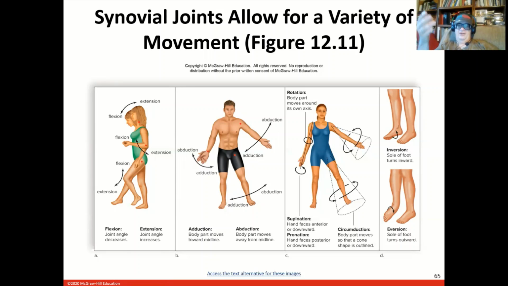The bottom of the foot is the plantar surface. The hand is palmar, which is what I was showing you. The foot is plantar. But if you're taking the plantar surface, the bottom of the foot, and moving it towards the midline, that's inversion. If you're taking the bottom of the foot and moving it outward laterally, that is eversion, everting.